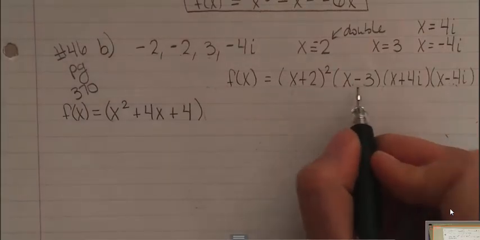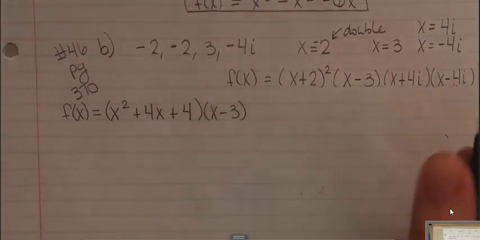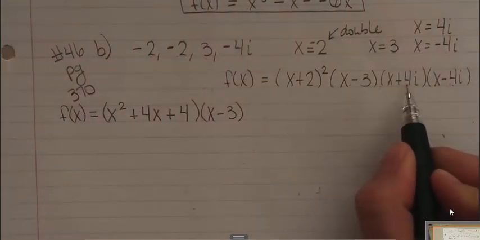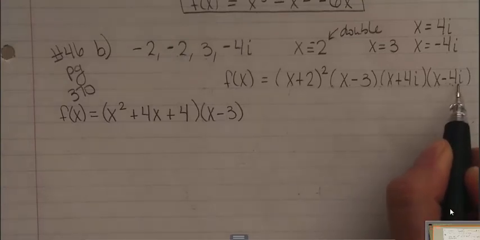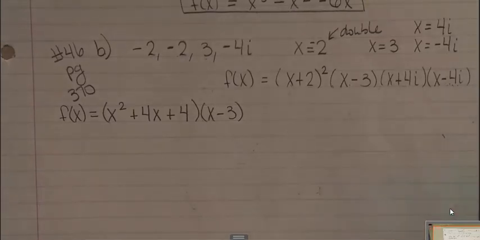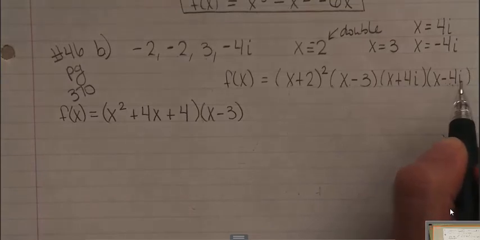I'm going to leave the x minus 3 for now. And I'm going to multiply now the x plus 4i and the x minus 4i. If you notice, that's a sum and difference pattern, so those inners and outers are going to cancel out. All I'm left with is my first terms and my last terms.